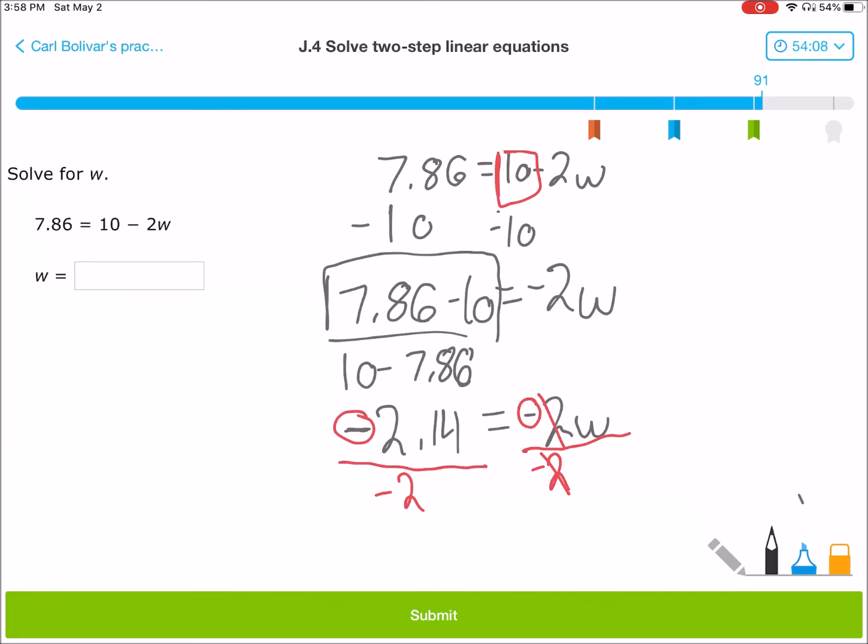So then we will get 1.07 as our answer. That will be our answer, 1.07. Because these two signs here will become a positive, and 2.14 divided by 2 is 1.07.